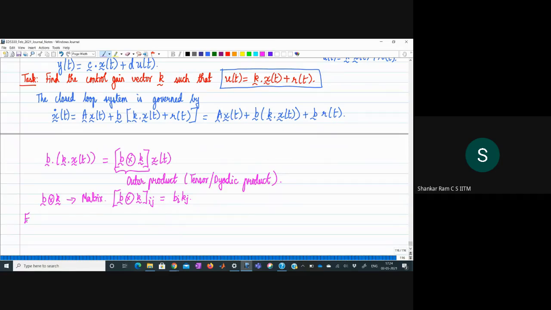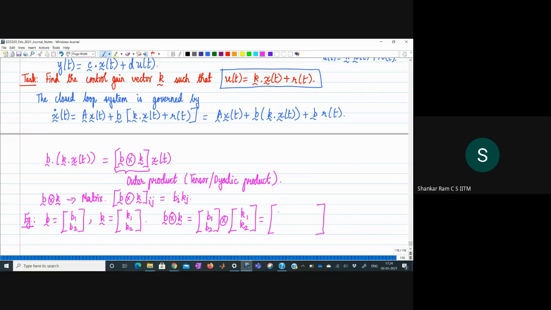Just to give an example, let us consider a 2 by 2 case, where we consider two vectors of order 2. Let's say the vector B is B1, B2, and the vector K is K1, K2. If we want to calculate B outer product K, we need to do B1, B2 outer product K1, K2. If we do this, we are going to get a 2 by 2 matrix.